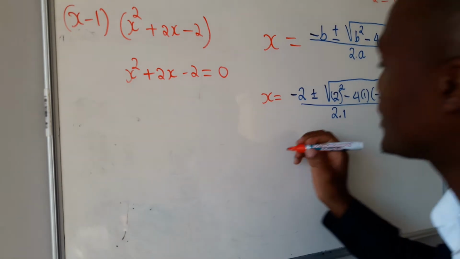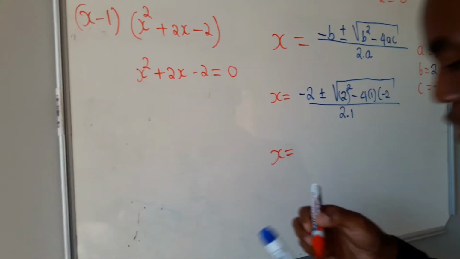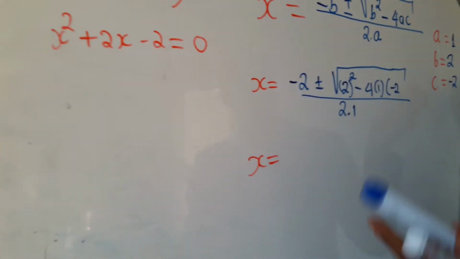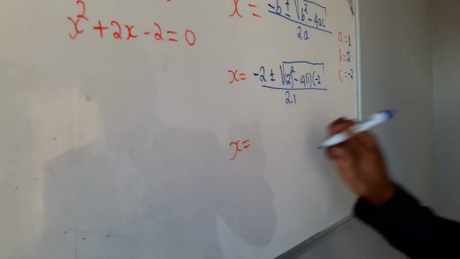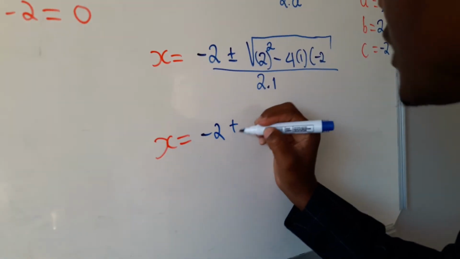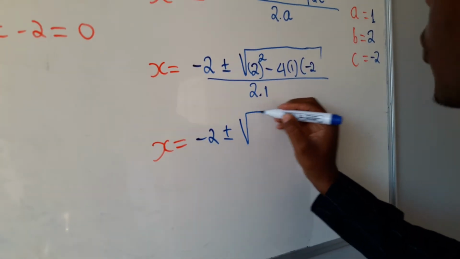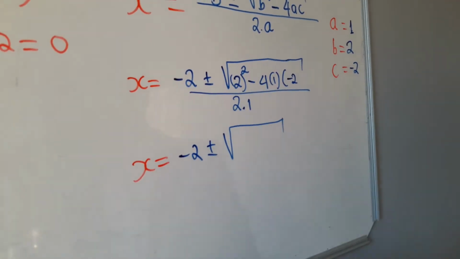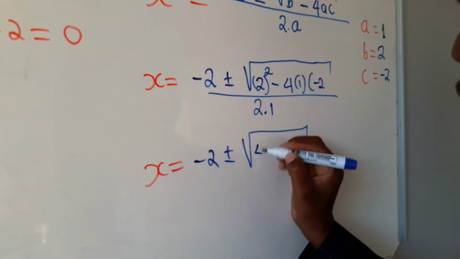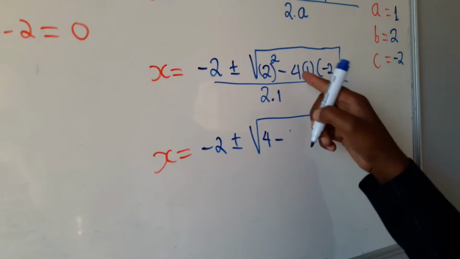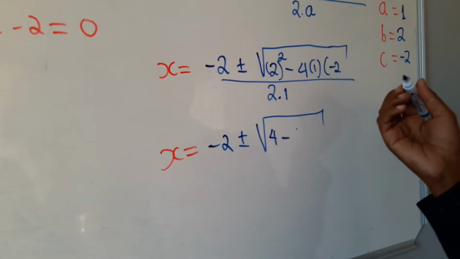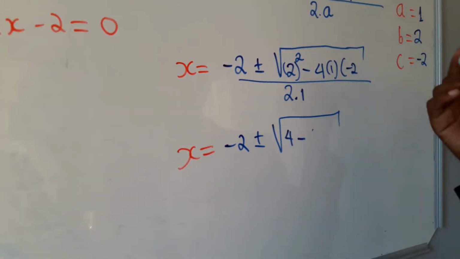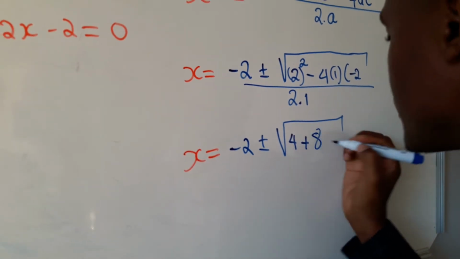And that gives us x equals, let's simplify this. -2 plus minus the square root of 2 to the power of 2, which is 4, minus 4 times 1, which is -4. So -4 times -2 is +8, so plus 8.